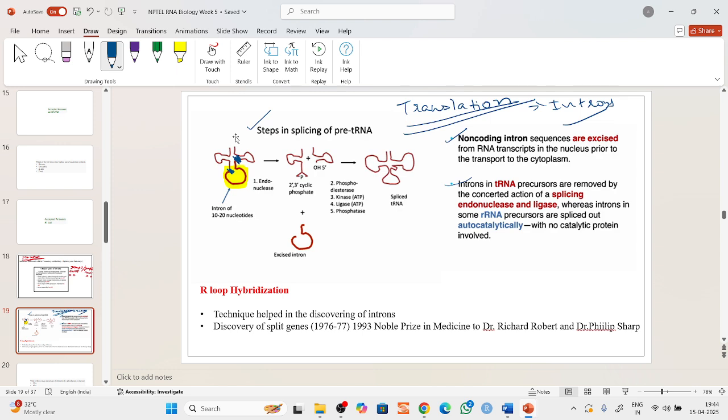Then we come to R-loop hybridization. R-loop hybridization is a technique which helped in the discovery of introns and the discovery of split genes. So basically, the discovery of introns happened with the... You were reading.